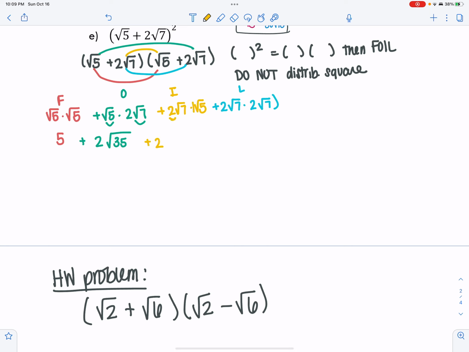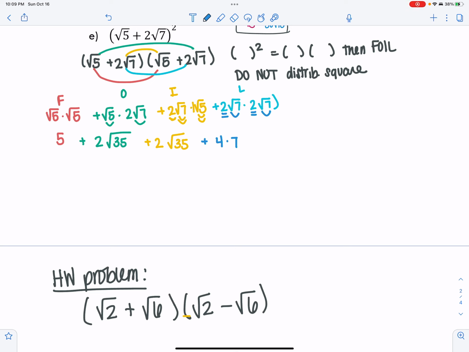Really, you could think of that as 2 times 1. And then the square root of 7 times the square root of 5 is going to give me the square root of 35. And then the last one, 2 times 2 is going to give me 4. Square root of 7 times square root of 7 is going to be the square root of 49, or 7.